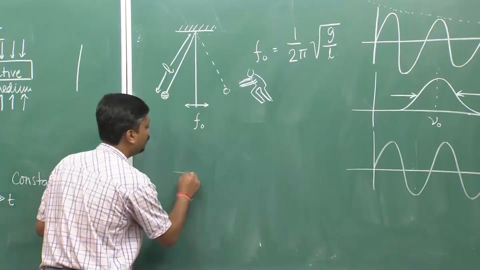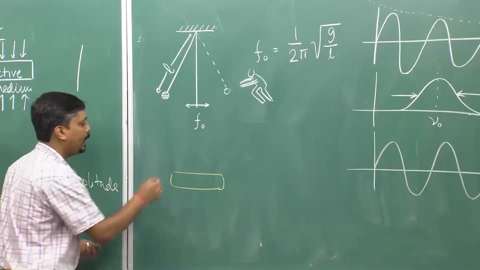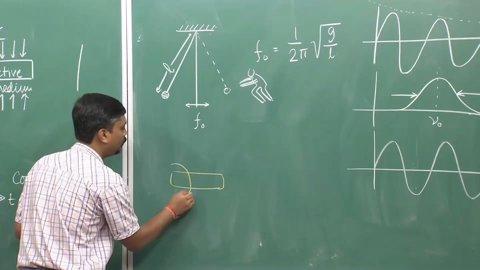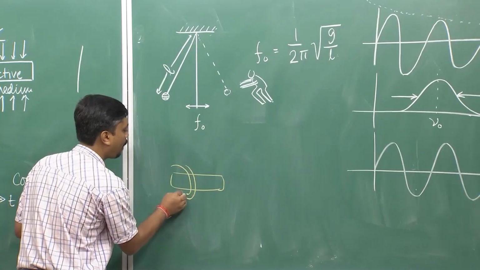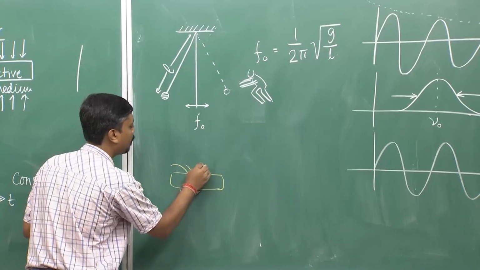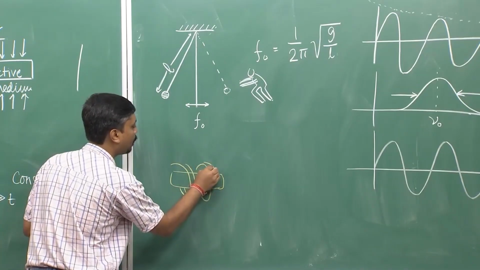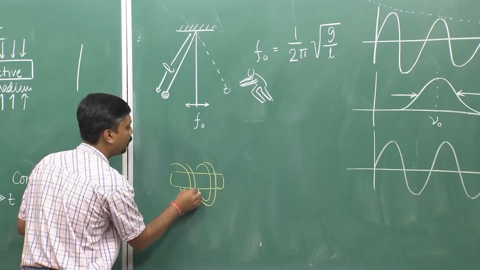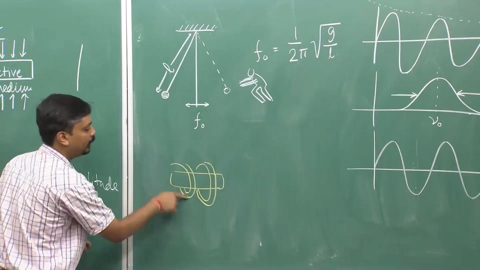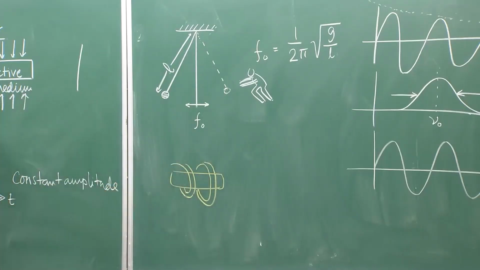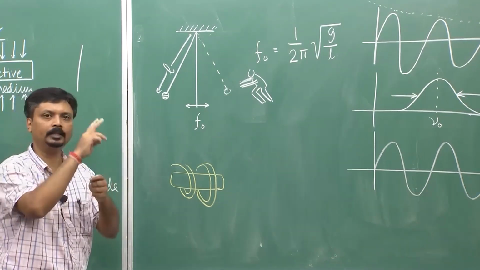You have a rod which is like a ruby crystal, and then you have a flashlight which is like a spiral, right. This is the flashlight, which is like a spiral, like you have seen in those LED bulbs in your houses, which have this nice spiral kind of thing.